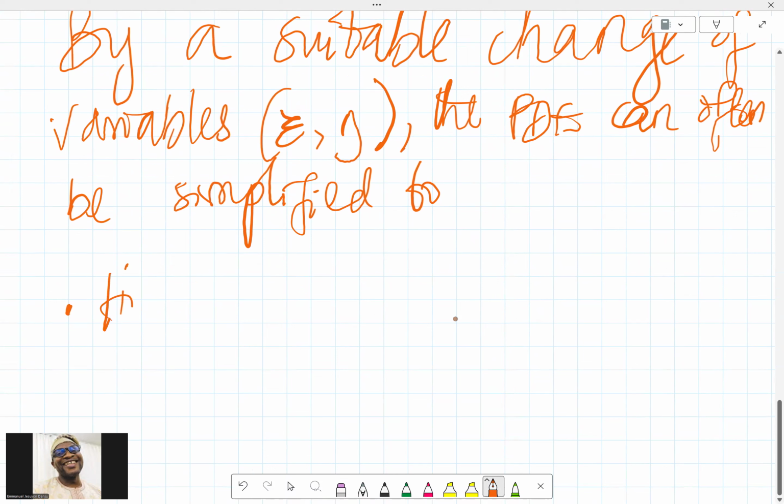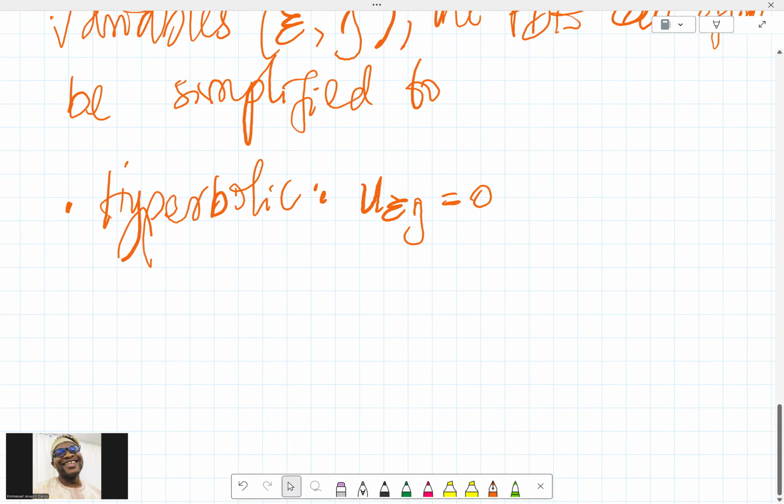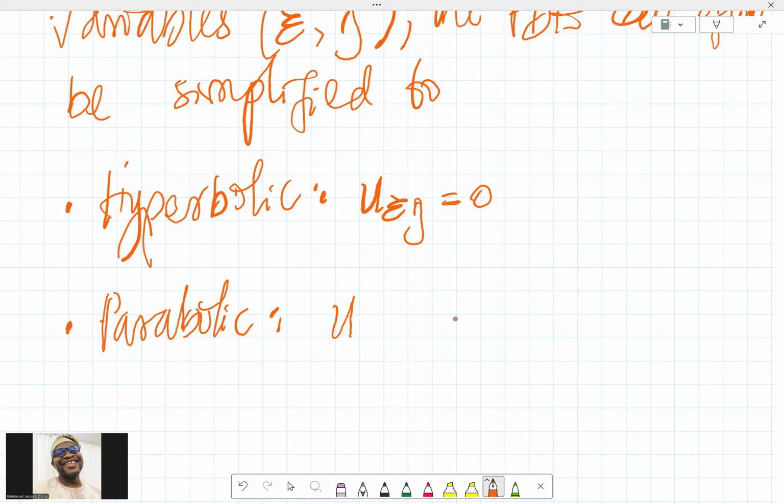First of all, for something hyperbolic, you can have u psi eta equals 0. Okay, that's easily simplified. And then for something parabolic, you have u psi psi equals 0.